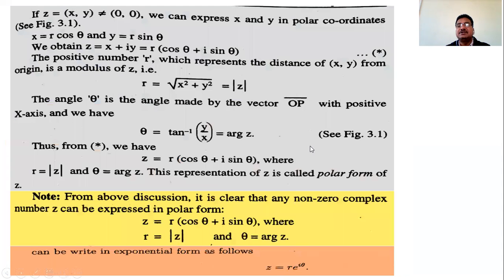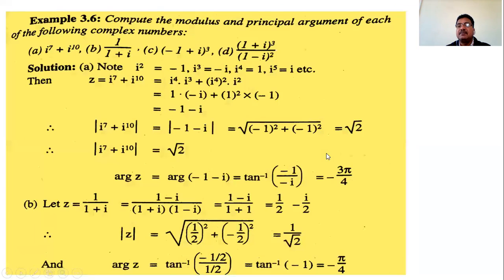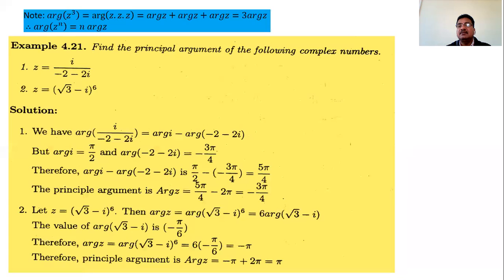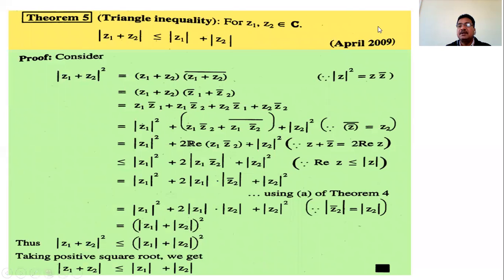So z plus z bar is 2 times the real part of z. That remark is very obvious: z is x plus yi, z bar is x minus yi, and the addition is 2x, where x means the real part of z.